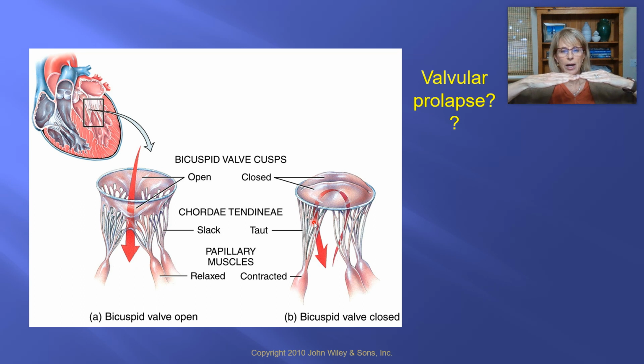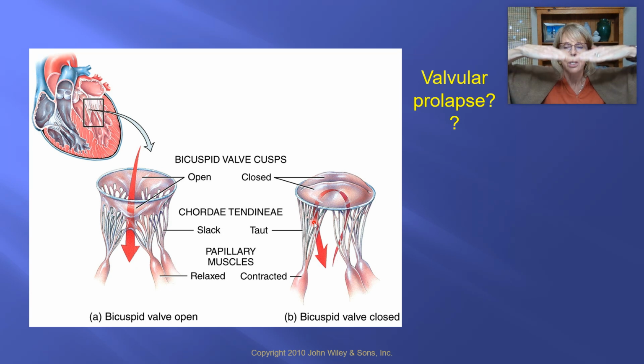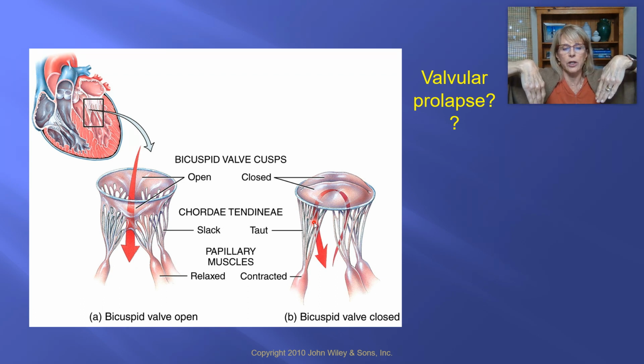So let's look right now. We're looking at the bicuspid valve. It's got two doors, and it is designed in this case to open up this way and to get shut. Open up this way and get shut. So blood comes into the ventricle from the atrium, and then when the ventricle contracts, it shuts the door.